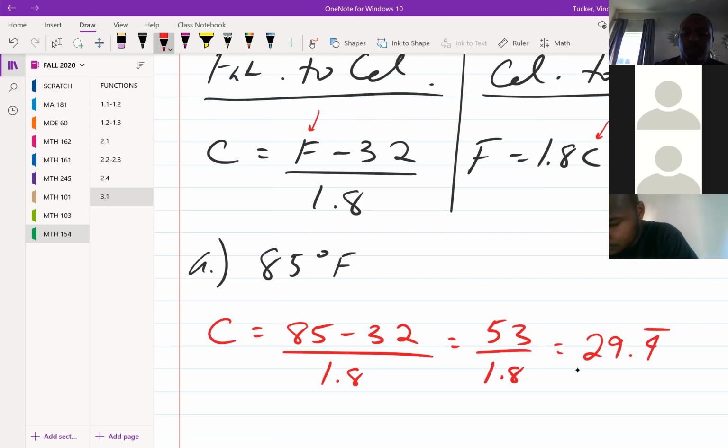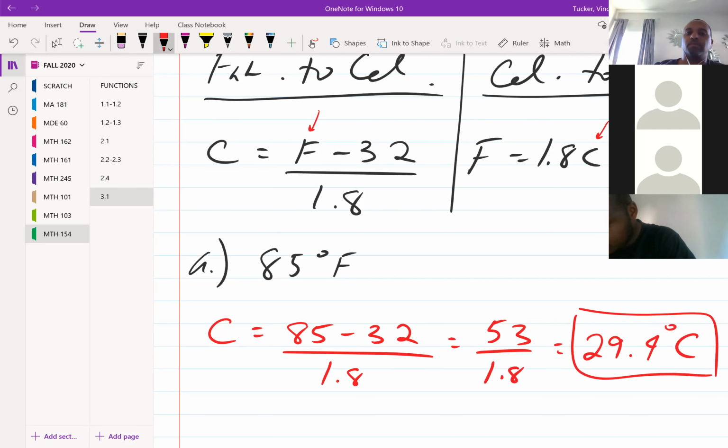I'm going to see if they want the decimal or a fraction. Oh, it says round to 1 decimal place. All right. So 29.4 degrees. All right. Questions on that first one? So they give you Fahrenheit. They want you to convert it to Celsius. They give you Celsius. They want you to convert it to Fahrenheit. Okay, just plugging it in.